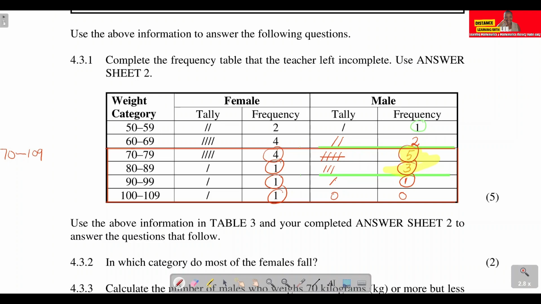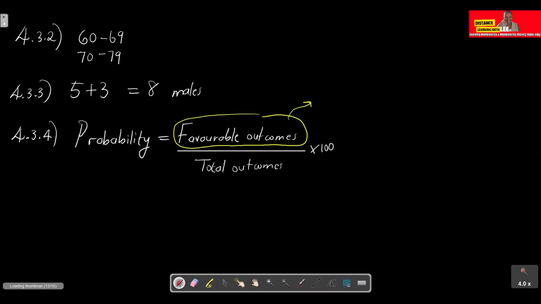So if you punch these values in, 4 plus 1 plus 1 plus 1 plus 5 plus 3 plus 1, that will give you a total of 16 learners. So that is our favorable outcomes: 16 learners weigh 70 or more, divided by the total outcomes.